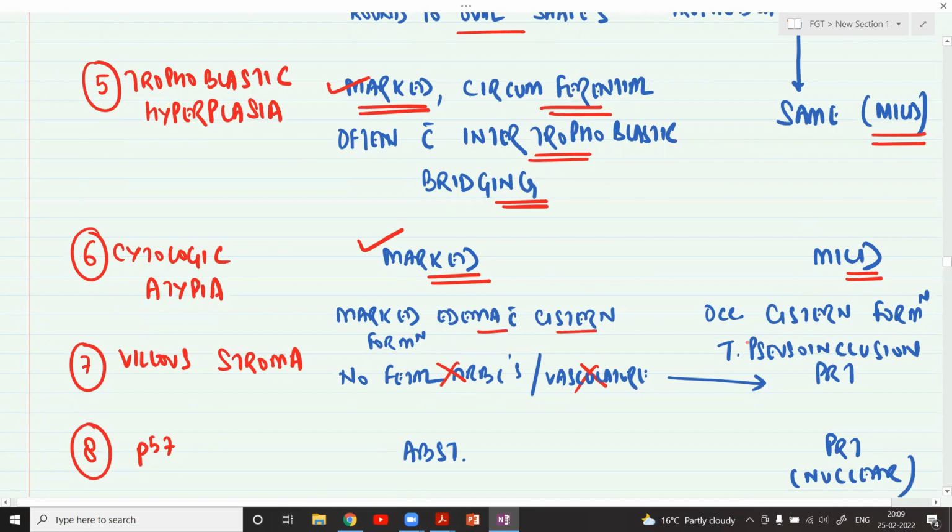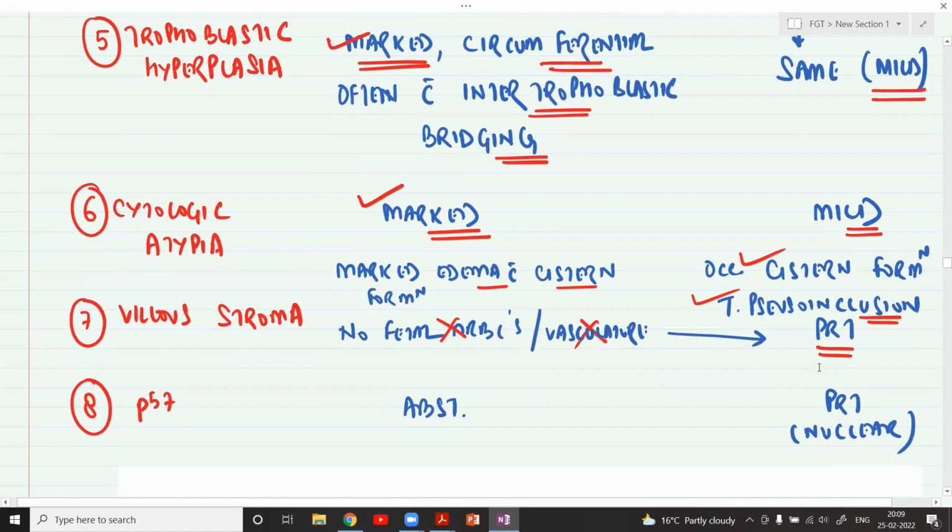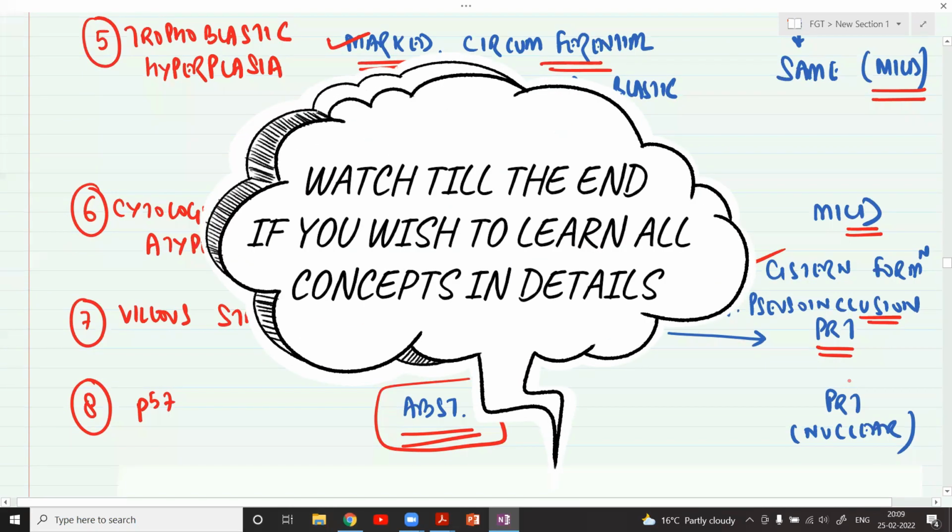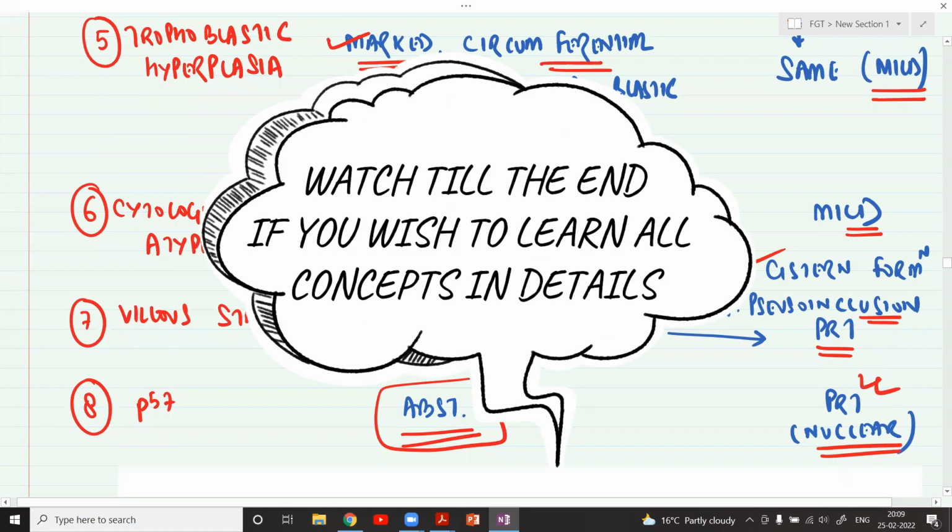Whereas over here, only occasional cistern formation is there. Trophoblastic pseudo inclusion is present over here. And very importantly, P57 staining is absent in complete mole, whereas it is present as nuclear staining in partial mole.